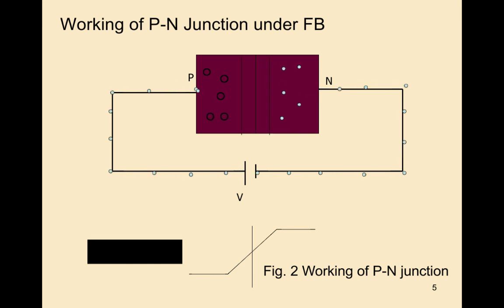Recombination takes place, which reduces the width of the depletion region and the potential barrier, and current starts conducting. When we change the battery voltage from 0 to some particular voltage, the current also changes.